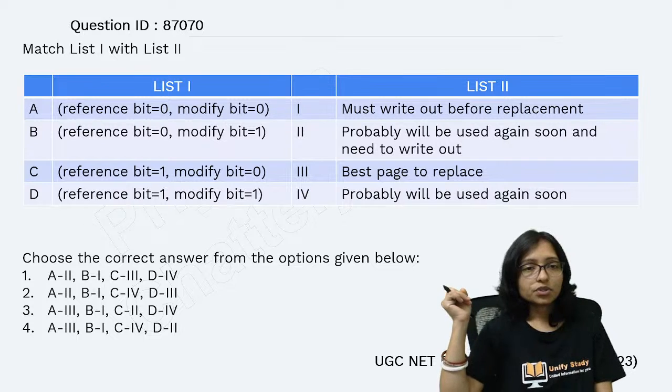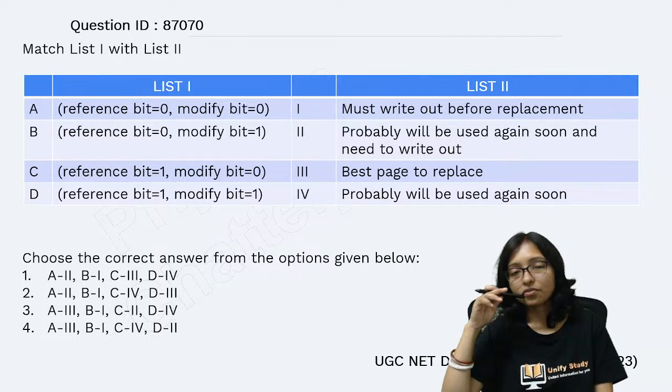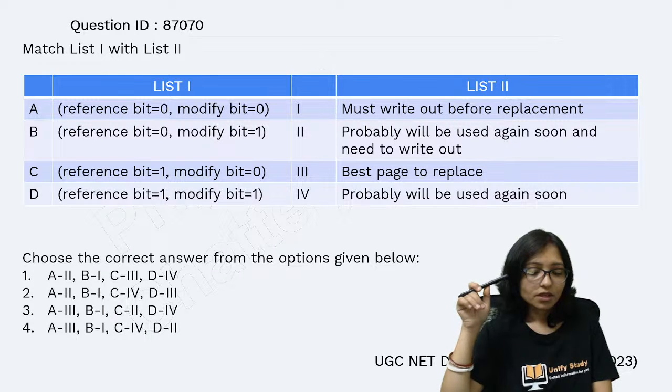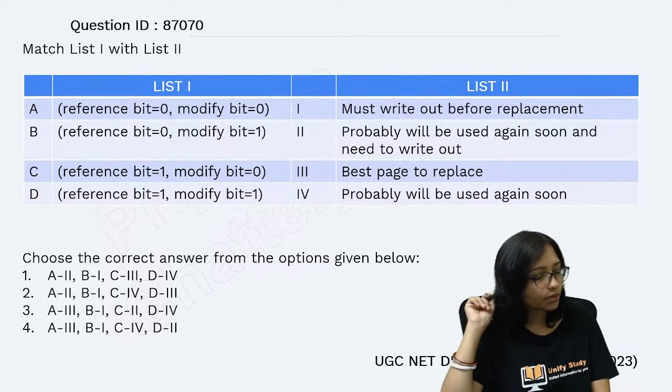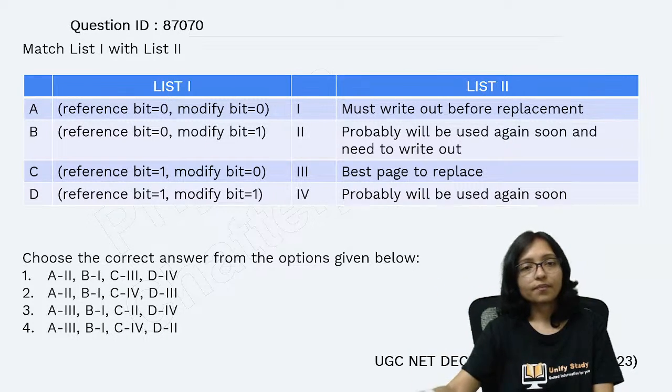Only 20 votes I got. 23, 24. I am waiting for 50. Poll is going on. Shashi, don't answer in the chat box. You can answer on the poll.